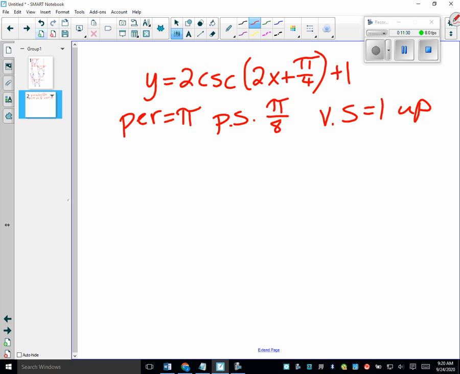Okay, so you've got x minimum, x maximum, x scale is normally what? Period divided by 4. But look what the phase shift is. So I would say your scale is probably pi over 8, since 8's the common denominator between the two. We okay with that?